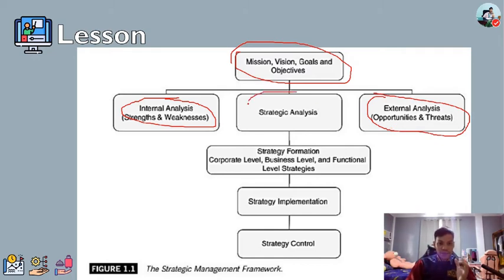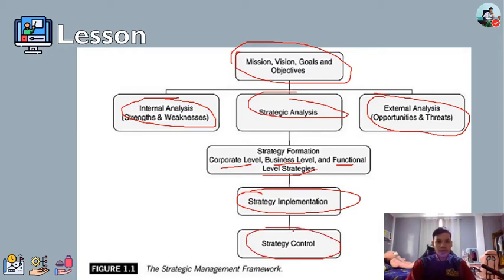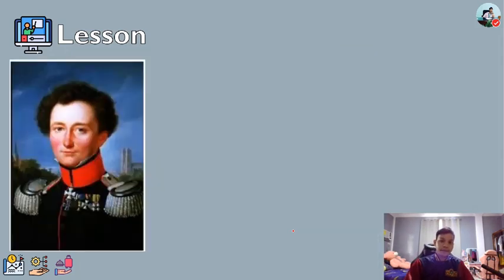Then we need to have a strategic analysis. Under it, we have strategy formation; examples are the corporate level, business level, and functional level strategies. Under that is strategy implementation. After strategy implementation, we have strategy control. This is the example of a strategic management framework that we are going to discuss in the entire semester.